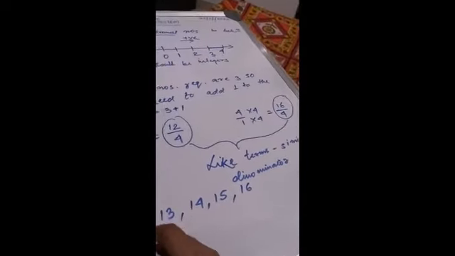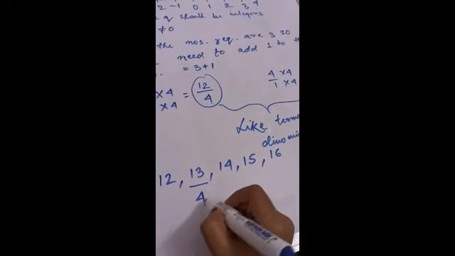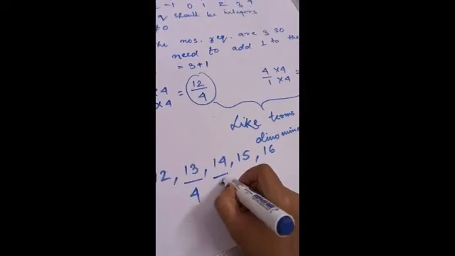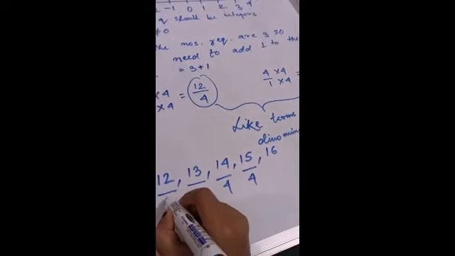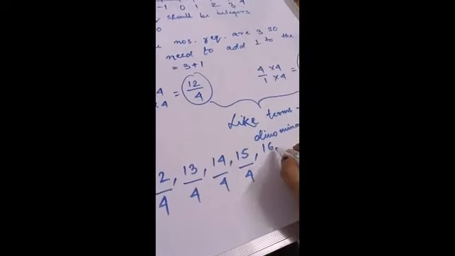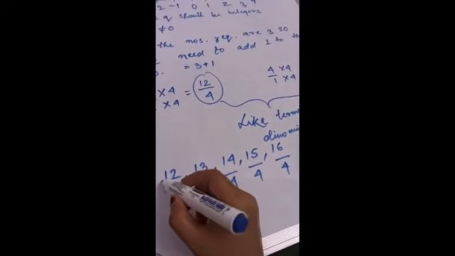So we can say the numbers are 13 by 4, 14 by 4, 15 by 4, in between 3 and 4. How 3 and 4?